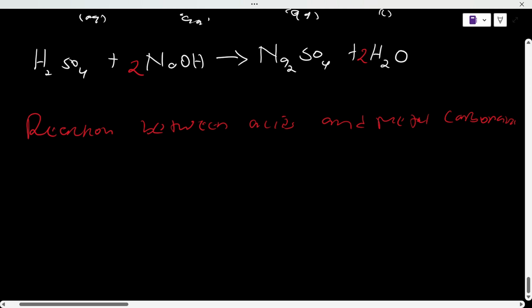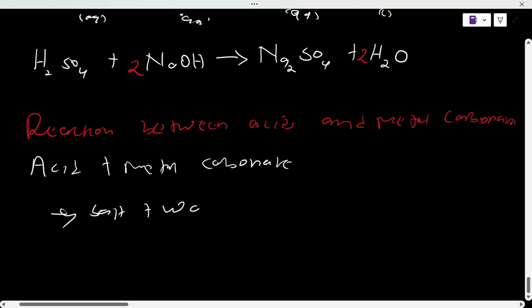Previously, we said that when an acid reacts with the metal carbonate, we are going to form salt plus water plus carbon dioxide.